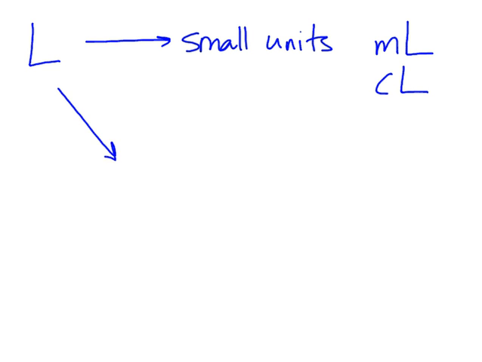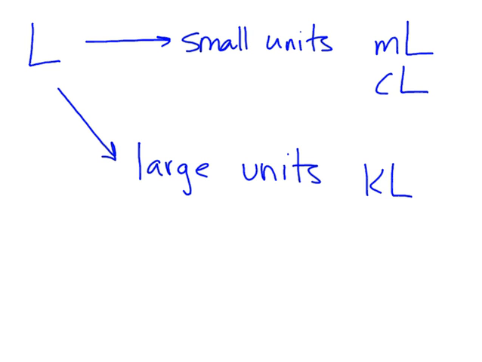And then we have large units. When I say small and large, that's in relation to liter. If something's larger than a liter, smaller than a liter. The large units that we'll deal with, kiloliter, mainly kiloliter. On small units, it's called a microliter.